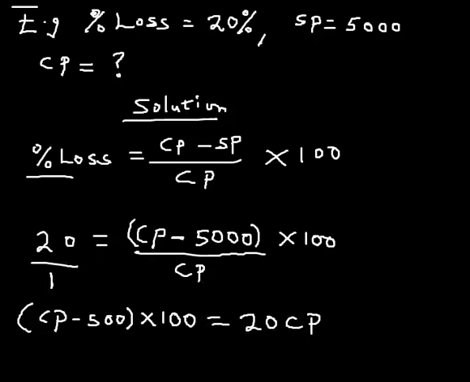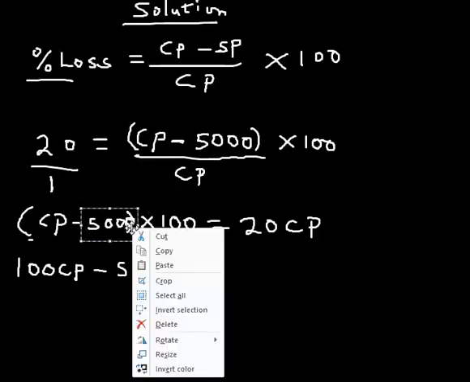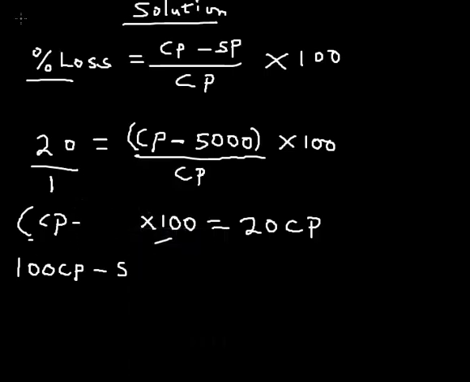Let's open this bracket: 100 multiplied by CP is 100 CP, then 5,000 multiplied by 100 is 500,000.